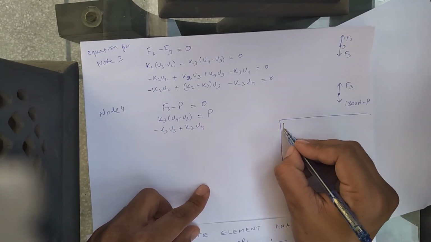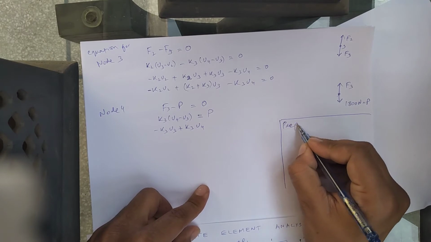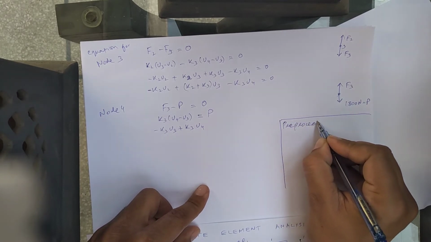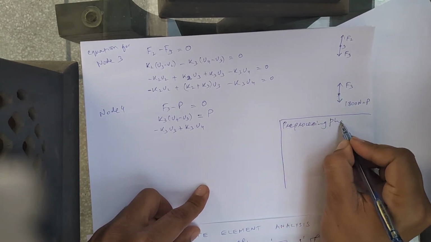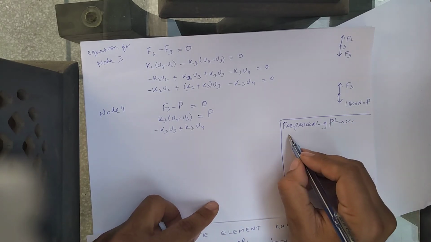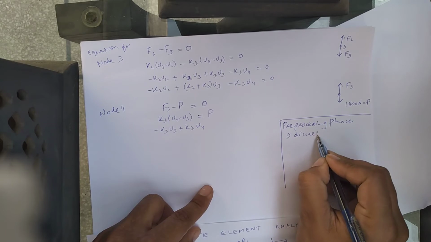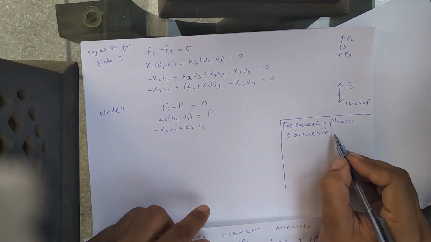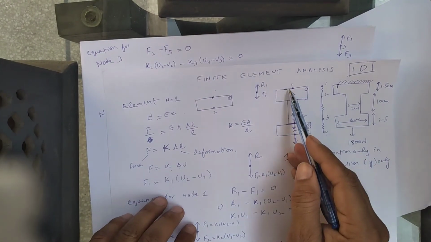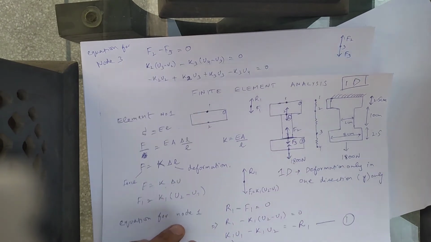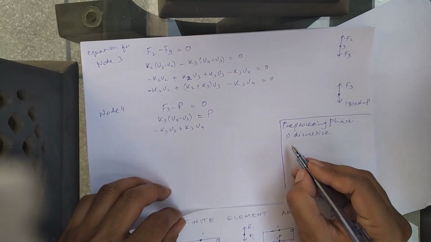I told you the steps in the first lecture. I told you that we have a pre-processing phase, and in the pre-processing phase we have a few steps. The steps are to discretize, that is, divide the problem into a number of elements, right? That was the discretization that we have done.